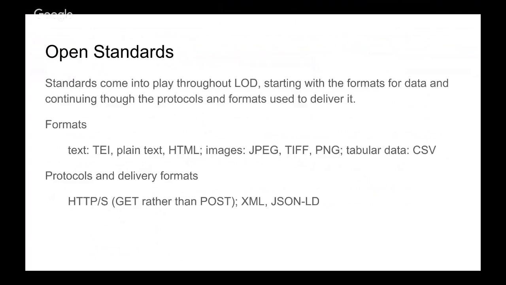And then there's things to think about like protocols and delivery formats. I mentioned, for example, not hiding stuff behind a search interface, which implies in the HTTP world, you should use GET, where the thing in the address bar, the URL, actually says this is what you're going to retrieve, rather than POST, which is where, for example, you're typing into a query interface and then you get something else back.